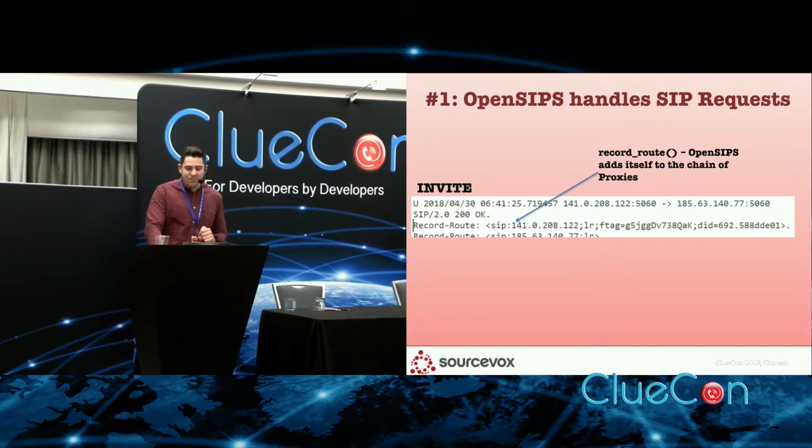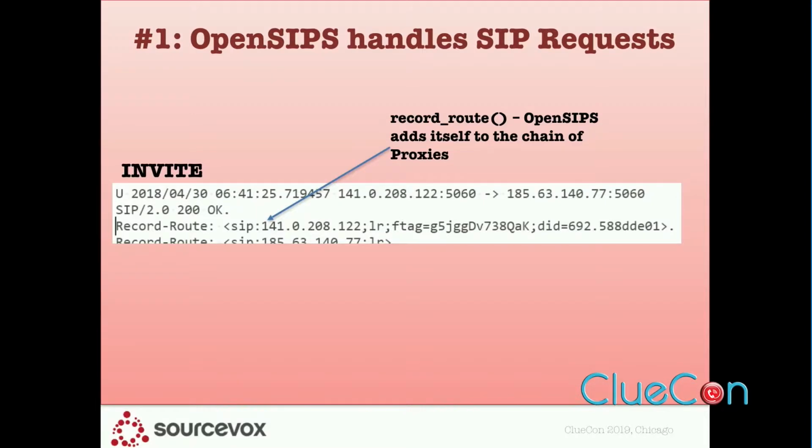And here's a quick example of how that can typically be handled. You've probably seen record route headers before, but as an invite goes through OpenSIPs, it will typically inject a record route header with its own IP address that says any future requests have to go through myself in order to be routed.